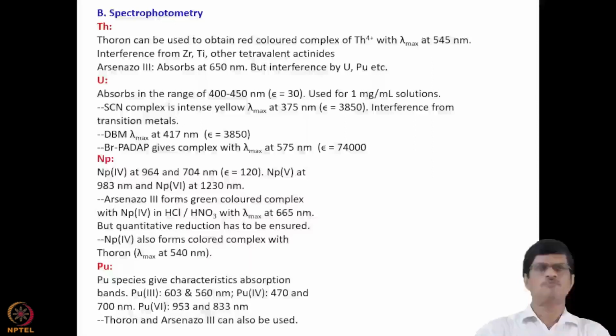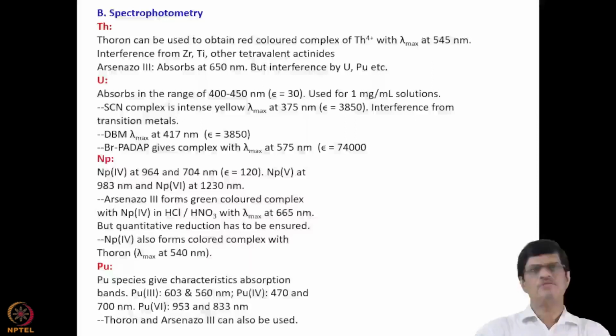For thorium, a very specific reagent is there, that is thoron, which can be used to obtain the red colored complex of thorium 4+ with a lambda max at 545 nanometer. However, there can be interference from zirconium, titanium or other tetravalent actinides.